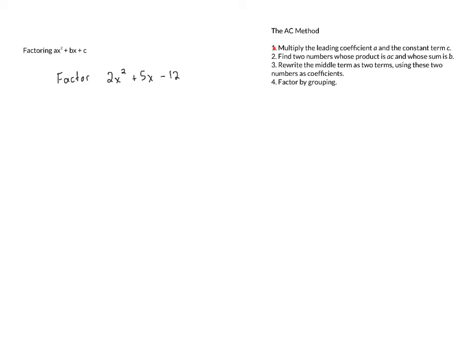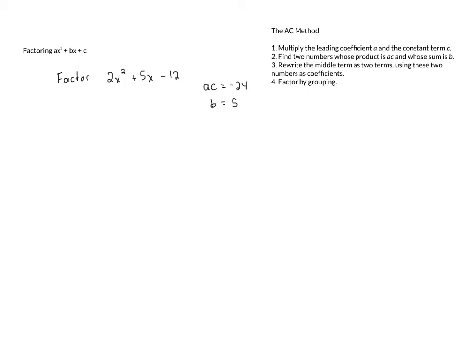First, we need to multiply the leading coefficient A and the constant term C. In this case, A times C is going to be 2 times negative 12, which is negative 24. And then also, in the next step, we've got to find 2 numbers whose product is AC and whose sum is B. Well, B is 5, so we're looking for 2 numbers that have a product of negative 24 and a sum of 5.